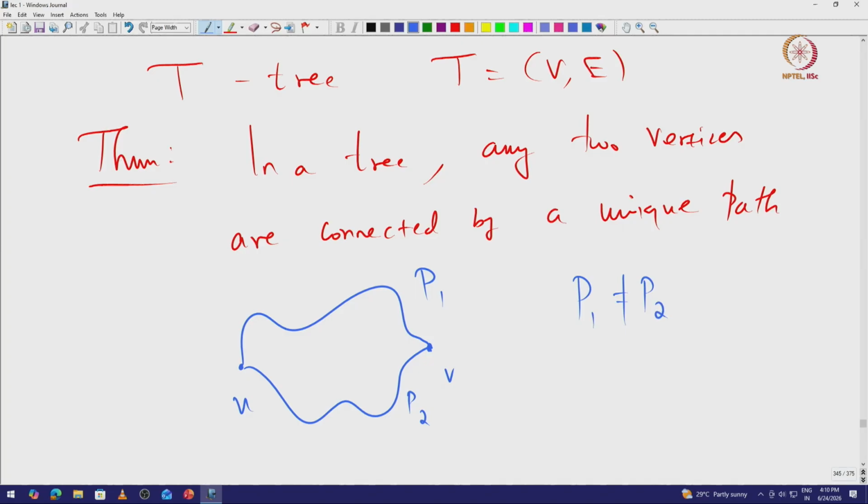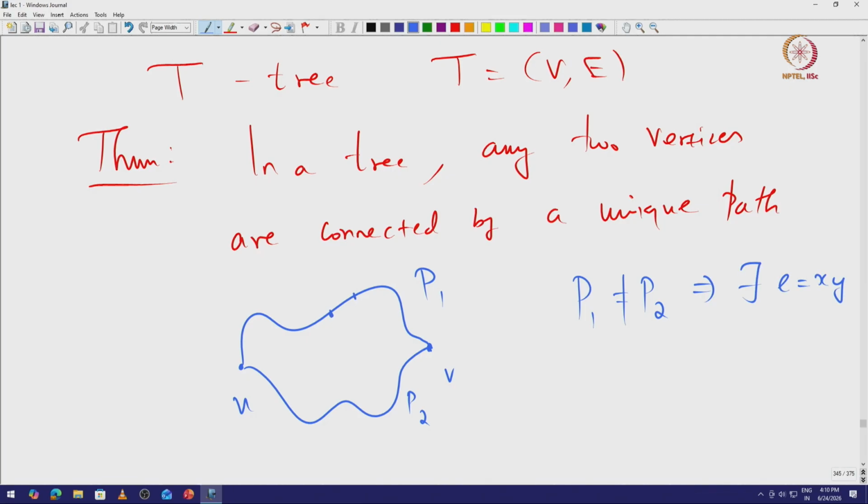Then there is an edge E of P1 that is not an edge of P2. Since you assume that P1 is different from P2, that immediately implies there is an edge E, let us call it xy.